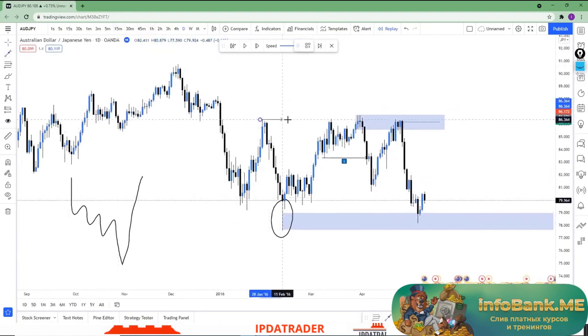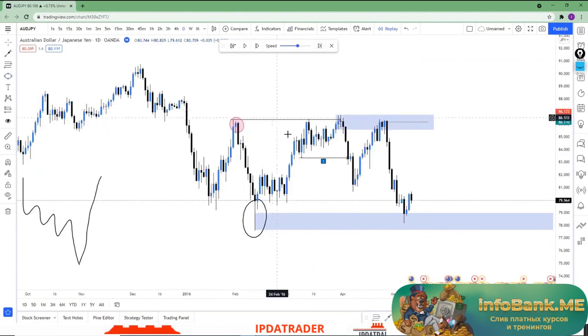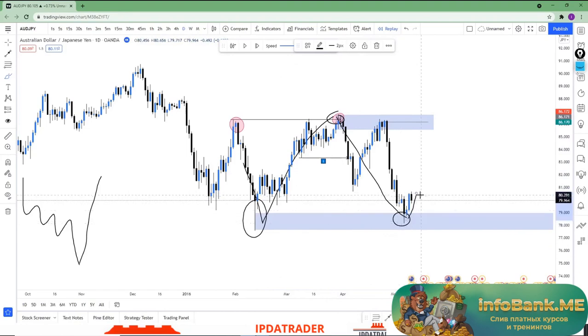Because this actually broke structure right here. As you can see, this structure point got wiped with this wick right here, and the origin of this move came from here, right? So this was your last down move before the up move that broke structure, right? So what you can expect is some sort of mitigation or actual moves away from this zone.